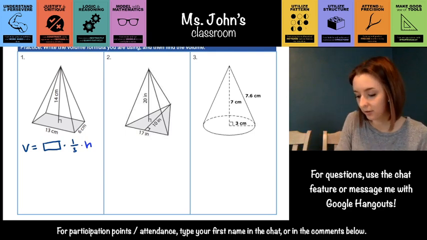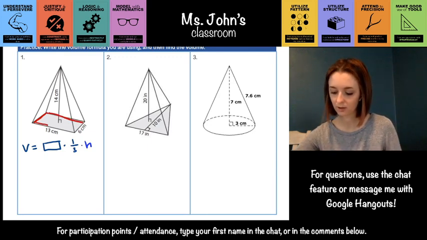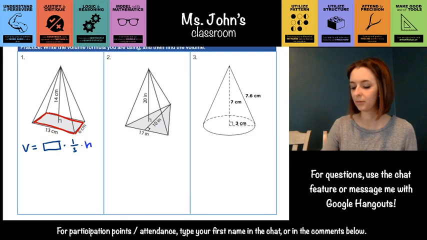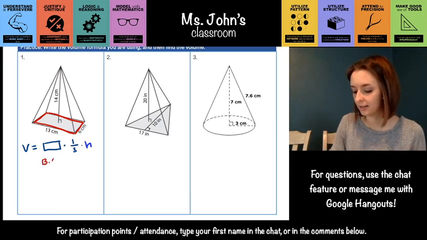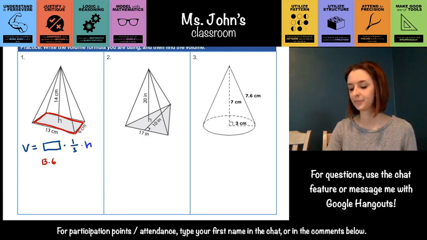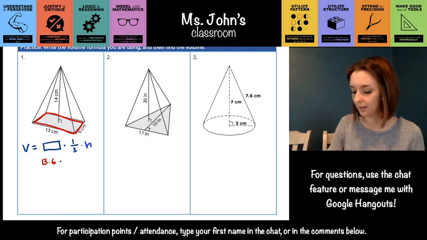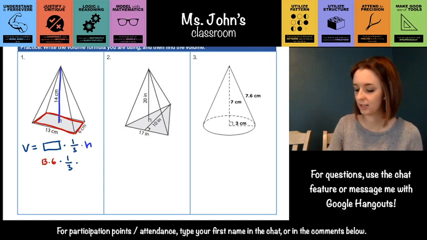So in this rectangle, the base and the height are 13 and 6. So we're just multiplying those two things together. That will give us the area. 13 times 6 gives us the area of that rectangle on the bottom. And then we have 1/3. And then times the height of this rectangular pyramid, which is 14.